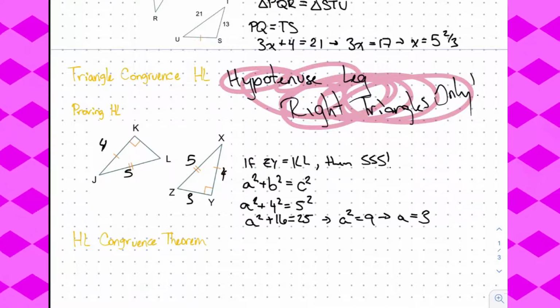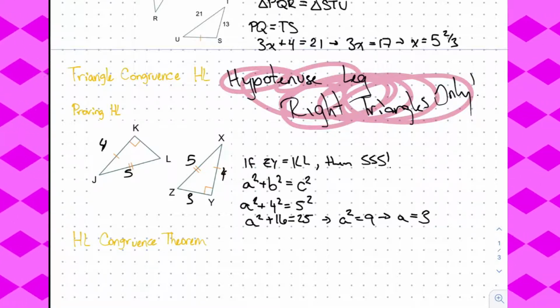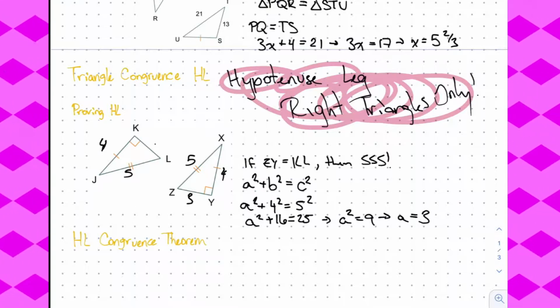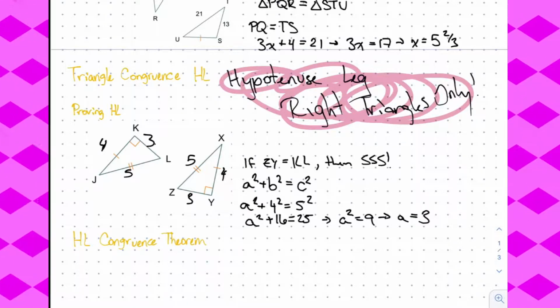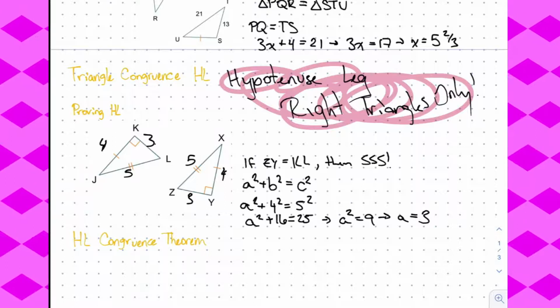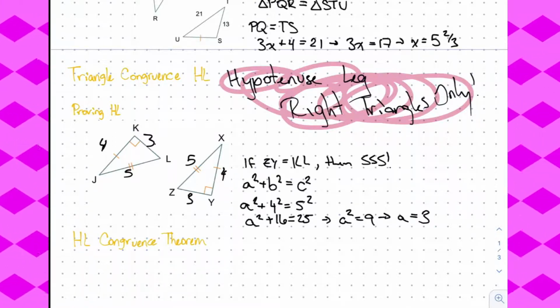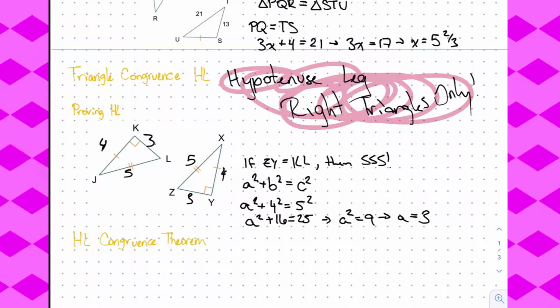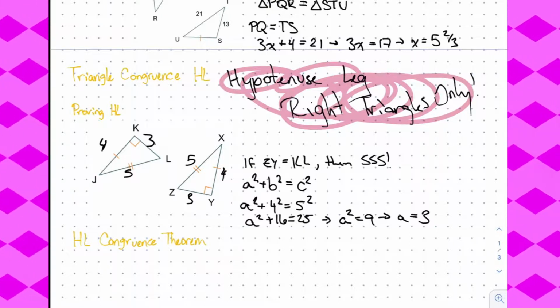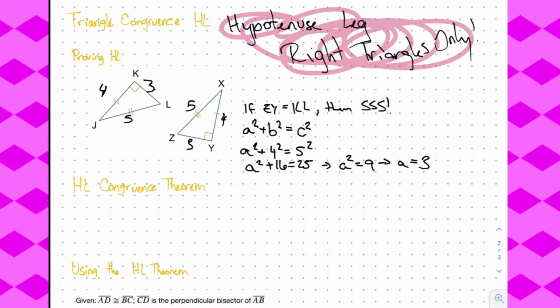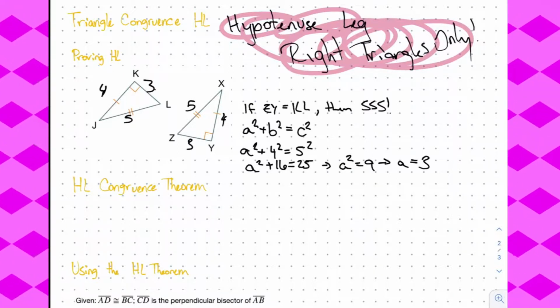So ZY is 3 now. I'm not going to repeat all that same work. With KL, I'm going to be doing the exact same math with the exact same numbers, so it's also 3. Therefore, these two triangles are congruent by side, side, side. So hypotenuse leg is really just a shortcut for doing the Pythagorean theorem and then saying that two right triangles are congruent.